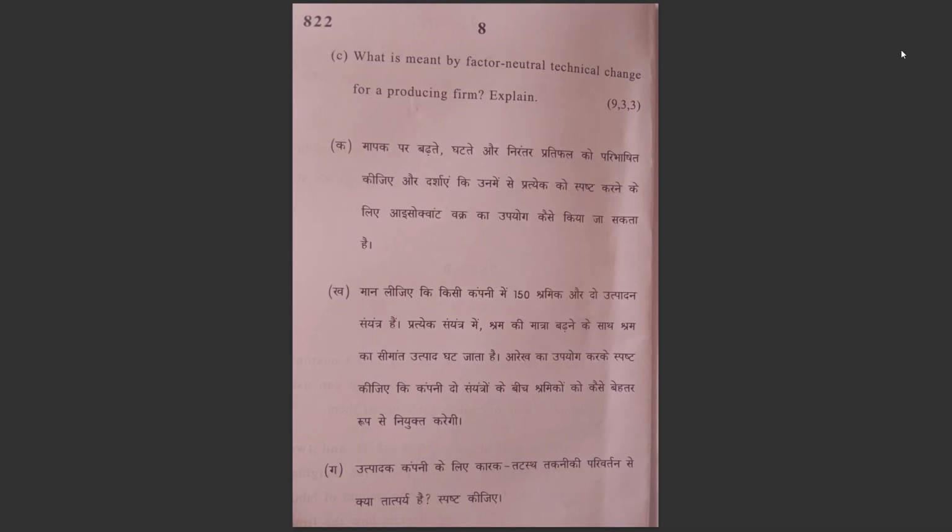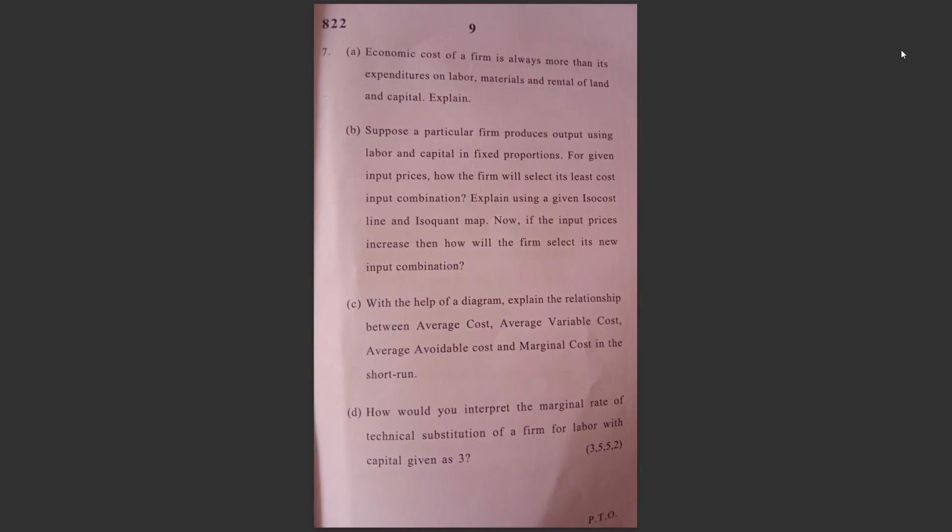Next C, this question also contains 3 marks. What is meant by factor neutral technical change for a producing firm? For 3 marks, prefer to write half a page. Next, 7th question. A, the economic cost of a firm is always more than its expenditure on labor, materials and rental of land and capital.